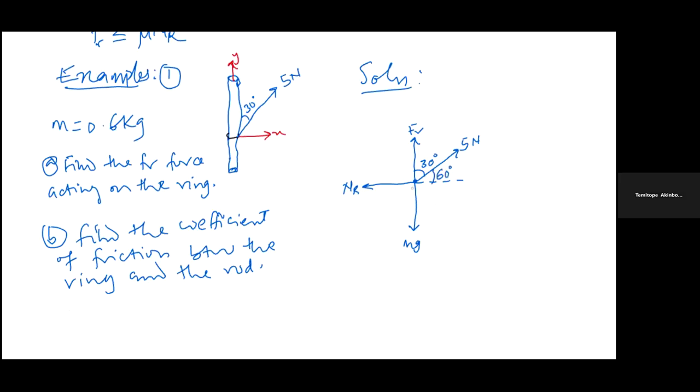So the angle the 5 Newton force is making with the horizontal will be 60 degrees. And of course, NR and FR, they are perpendicular. So this place is 90. Then the NR is also perpendicular to the weight. So we are good to go. Please draw this.